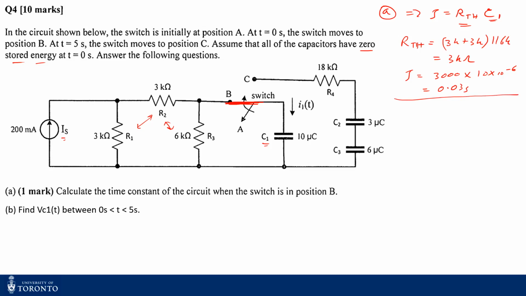Okay. Now you have to find the voltage across VC1 as a time function between 0 seconds and 5 seconds.